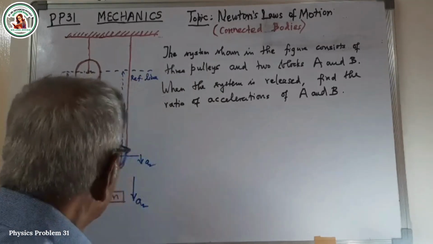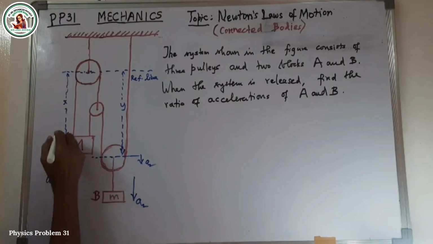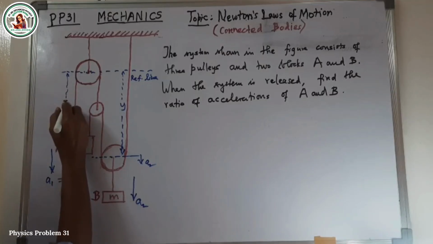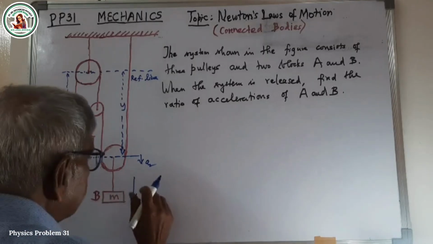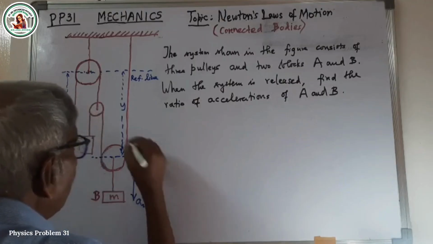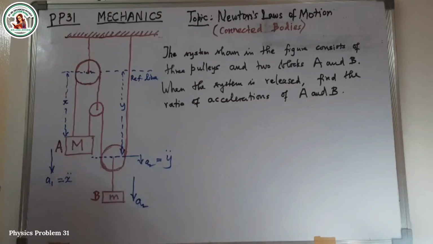We mark it as x double dot. So x double dot, d2x by dt square, is A1. Likewise, A2 will be y double dot, d2y by dt square.